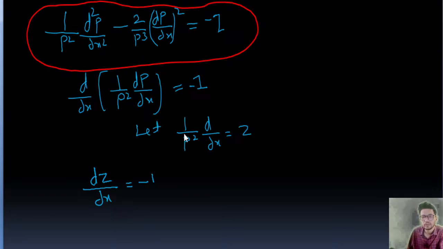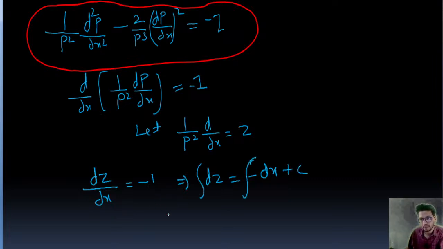Because we have put this value as z. Now we'll solve it. So this implies dz is going to be minus dx, we'll integrate it, and plus any constant. So z is going to be equal to minus x plus c, right?